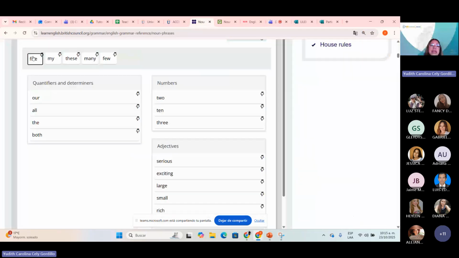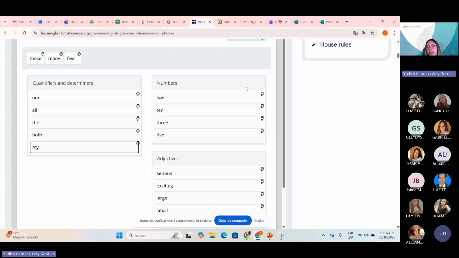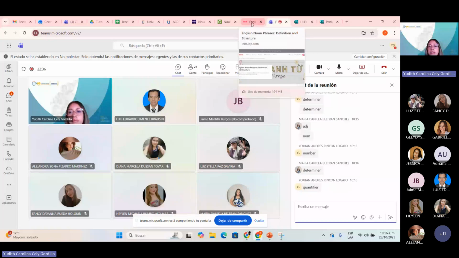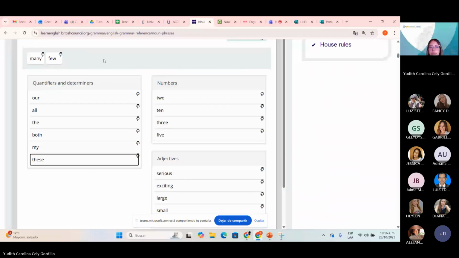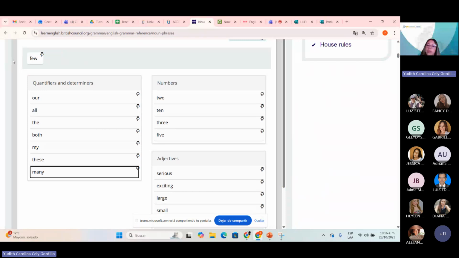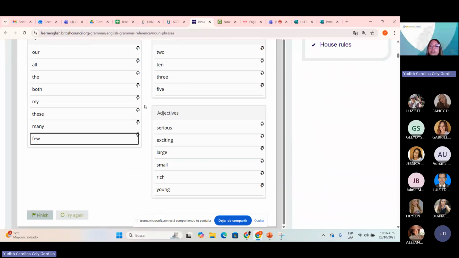My, what about this? Determiners. This. What about this? Determiners. That's right. Many. Quantifier. That's right. And the last one, few. What do you think? Quantifier, that's right.